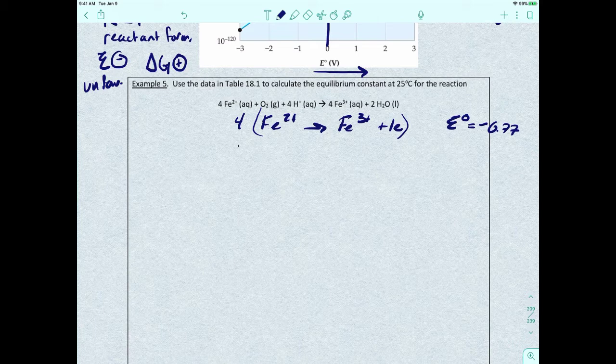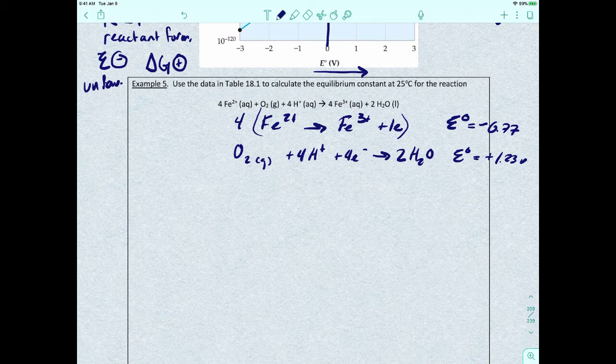The other equation that we've got is O2 plus 4 moles of H+ plus 4 electrons yields 2 H2O. And the cell potential for that is going to be a plus 1.23 volts. So if we add up these two reactions together, we should get this overall reaction right over here.